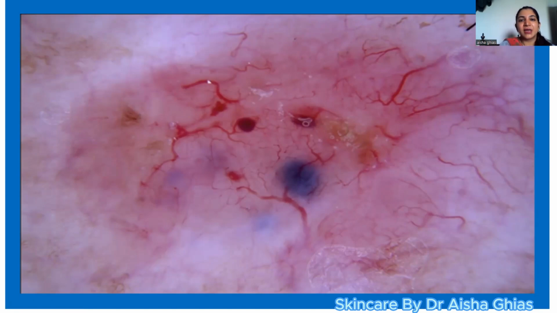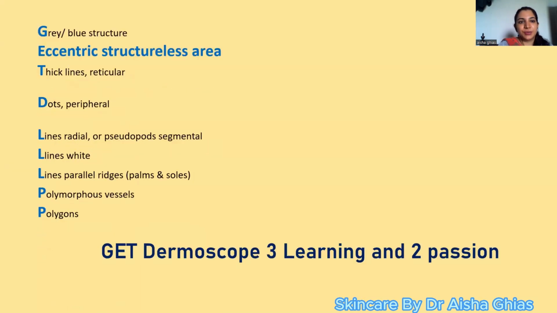It's the pigment they have carried down into the dermis that has given the blue color. And since it's not symmetrical, it's not present elsewhere, it's just a single blue clot, it qualifies for a diagnosis of BCC. There are obviously certain other diagnostic features of BCC in this slide. So I hope you understand that dermoscopic gray or blue does not necessarily mean melanoma. It also denotes BCC.